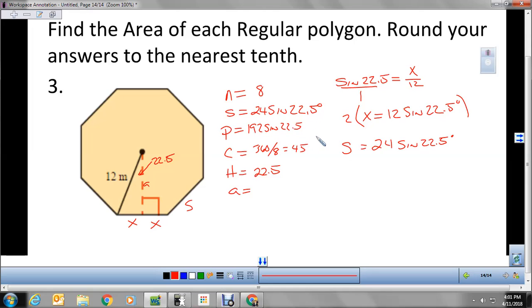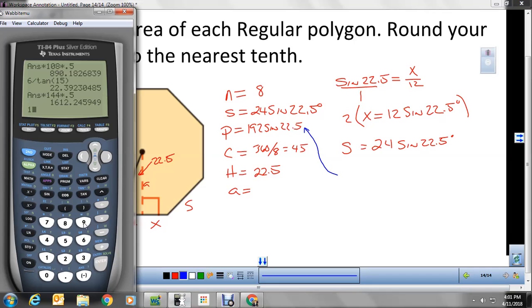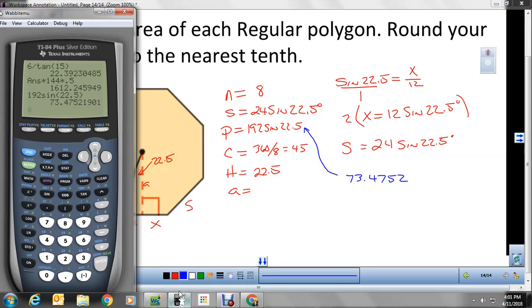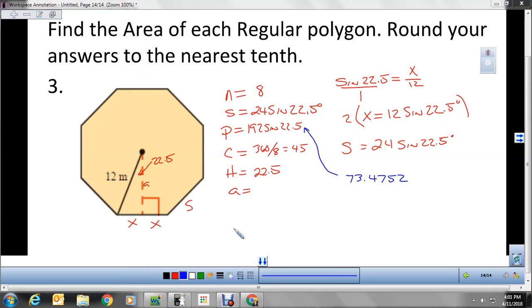Now the decimal form for this, and I'll write it down here, is going to be 192 sine 22.5. That gives us 73.4752. Yes.